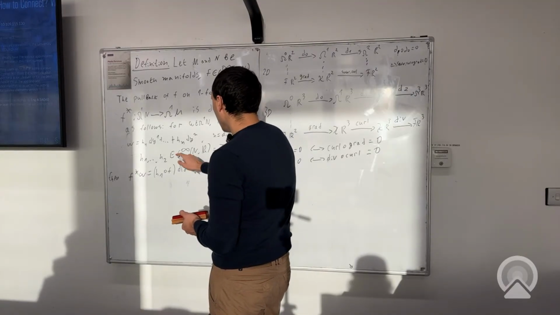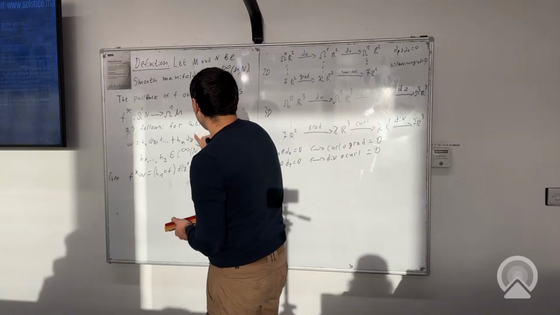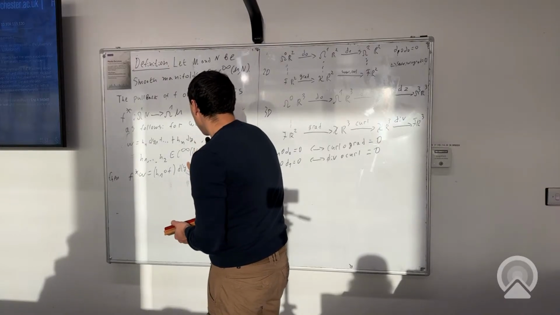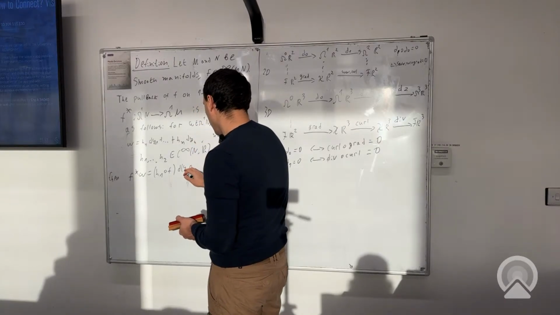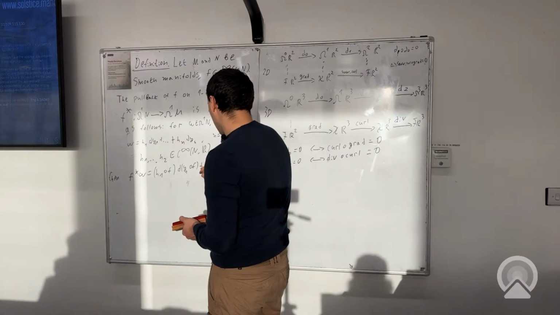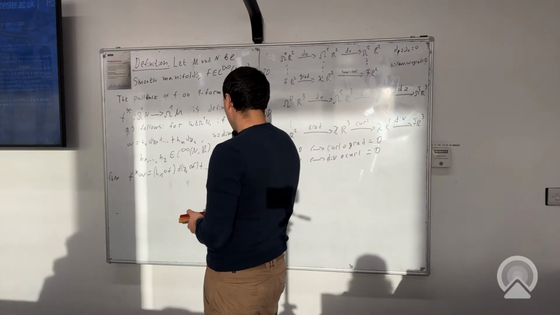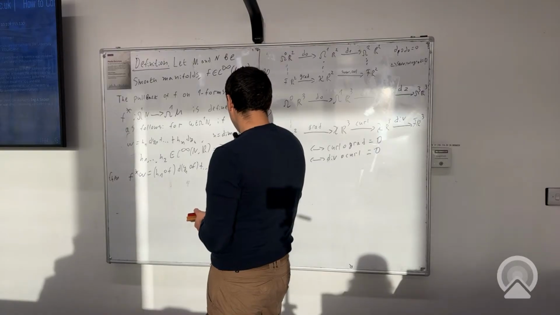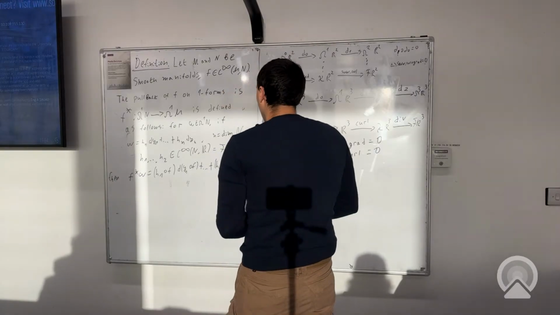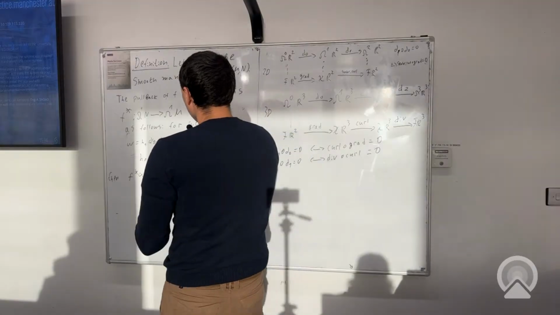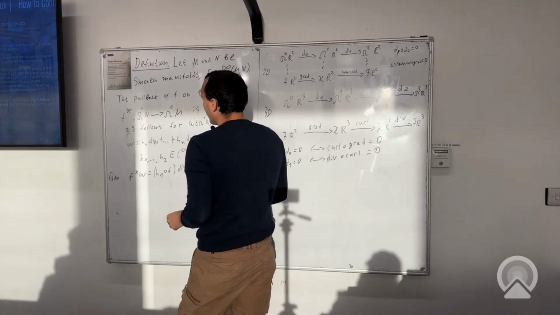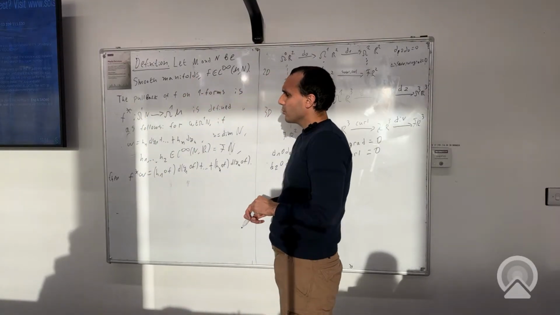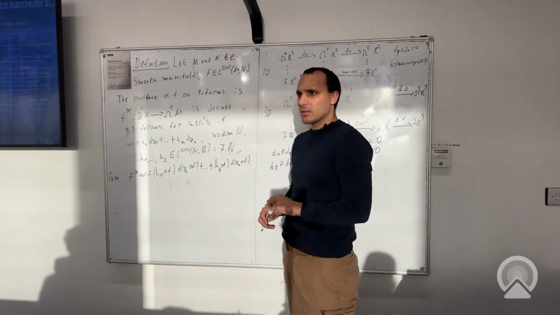Let me just use lower indices everywhere because otherwise it just makes things more confusing. So this is the formula here.